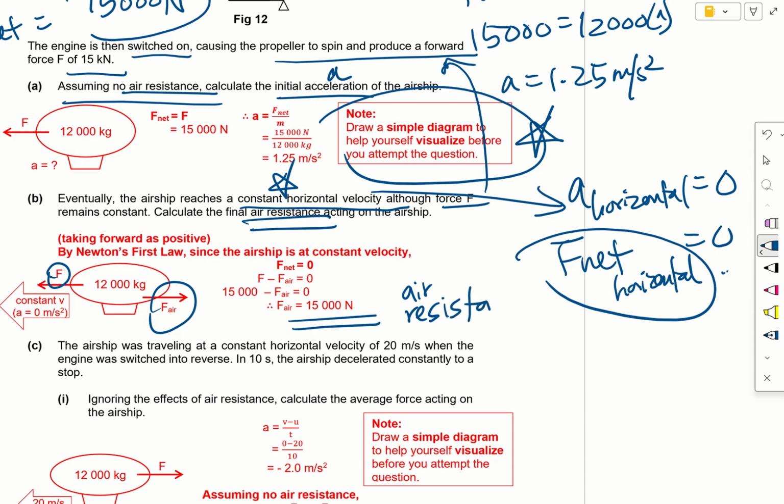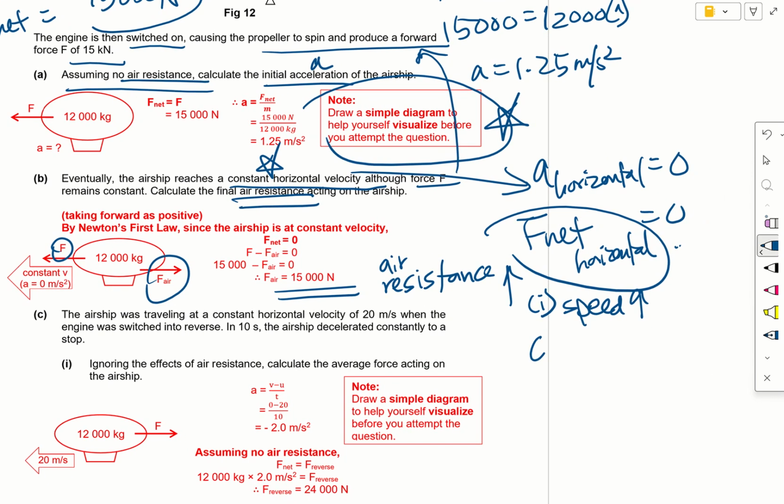And air resistance is actually determined by a few factors. So air resistance increases when the speed increases. This was actually covered before. Or when the contact area increases. But since the airship remains the same shape, then it is due to the increase in speed.